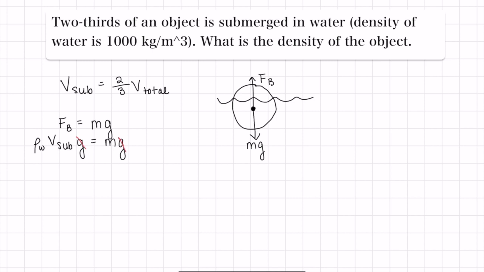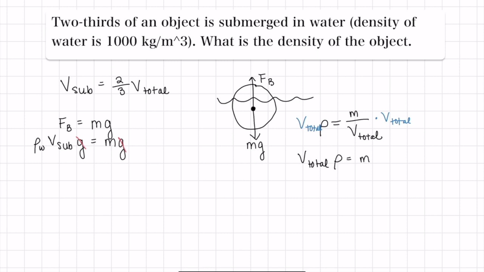Over on the other side of the diagram, we can write density is m over V total, which if we multiply both sides by that V total, we'll get mass by itself. So V total times density equals m.